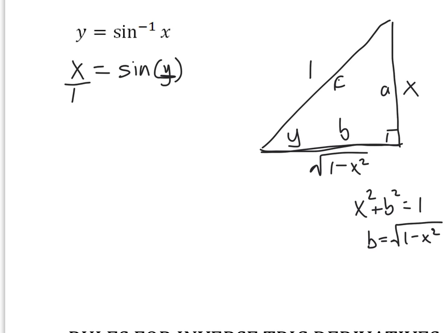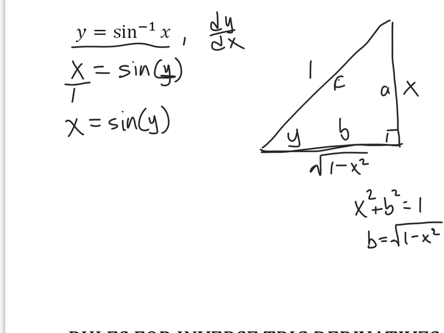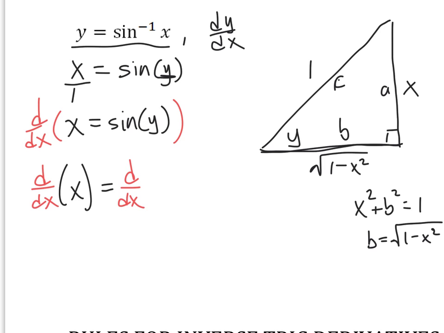Now let's look at my function, x equals sine of y. The whole point here is to find what dy/dx is, the derivative of my inverse function. If I take the derivative with respect to x of this whole thing, d/dx of x and d/dx of sine of y, then the derivative with respect to x of x, since those variables are the same, is just 1.